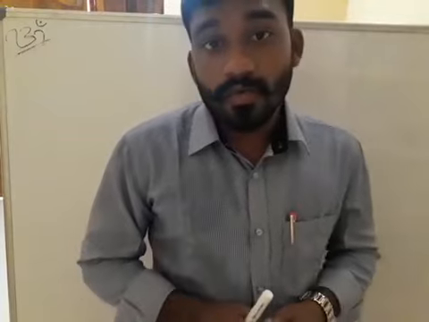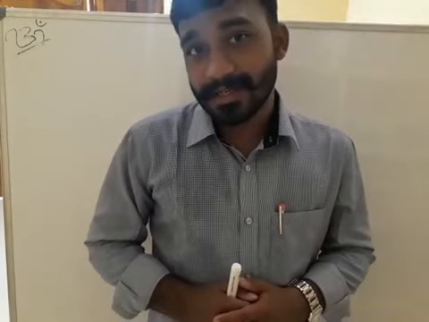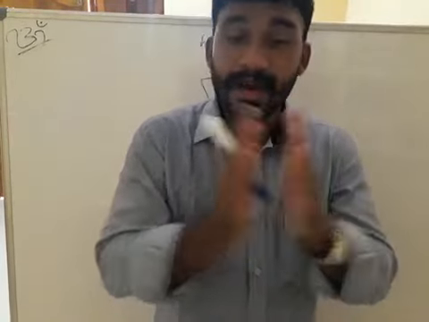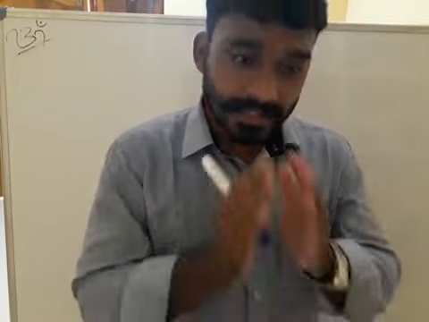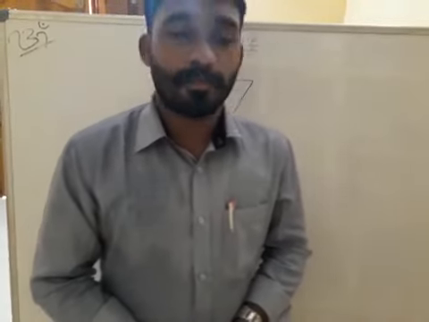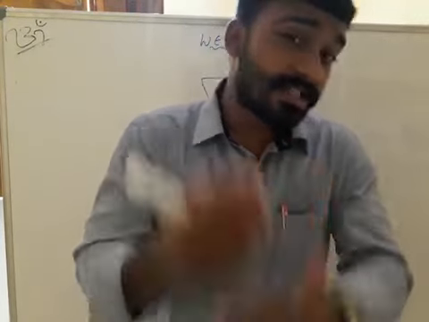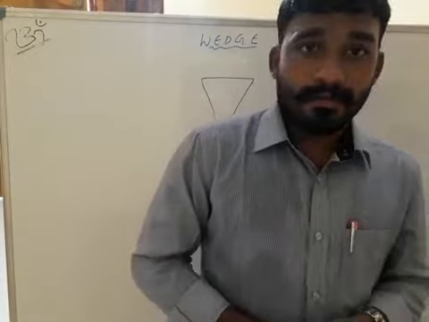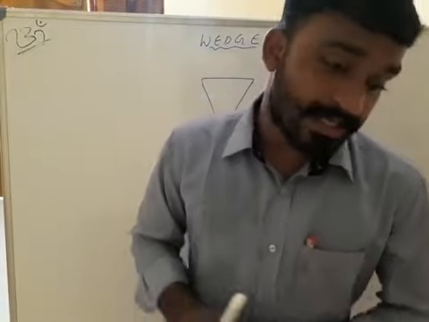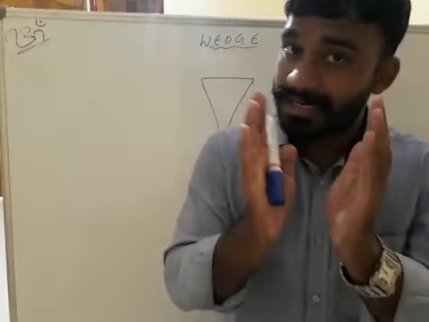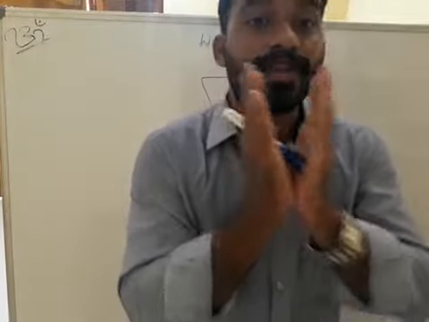Wedge is a simple machine which is used to split, to separate two wood pieces or one wood piece into two parts. Clear? Now what is the definition of wedge? A wedge is a small piece of wood or metal which is joined by two inclined planes.